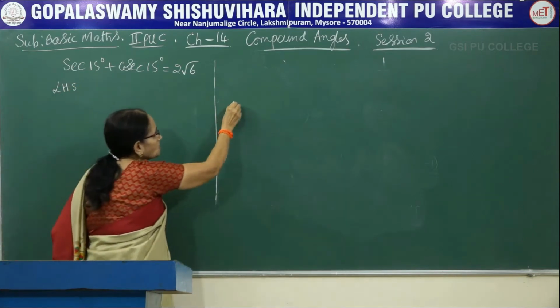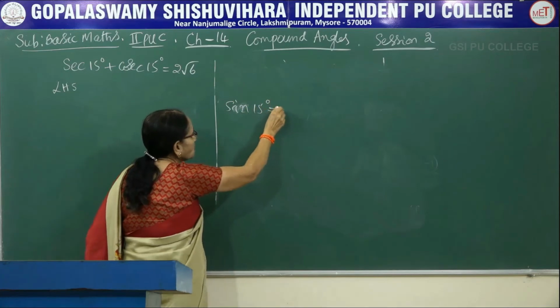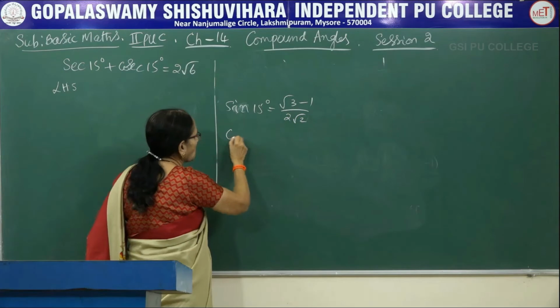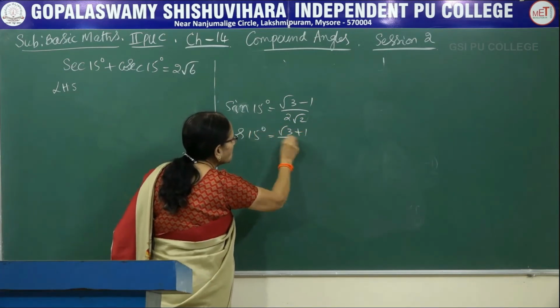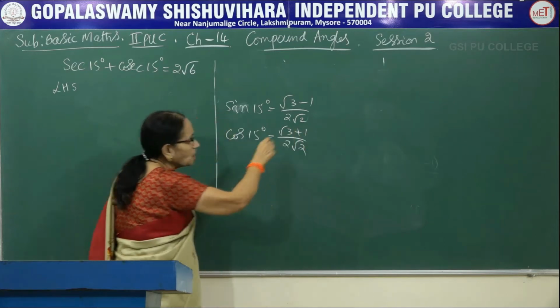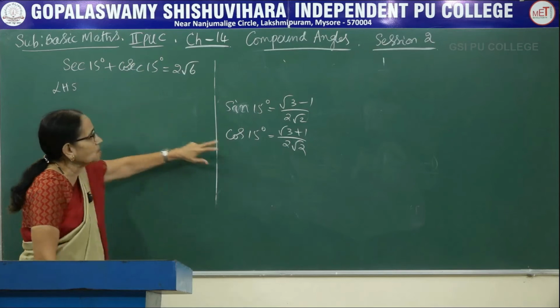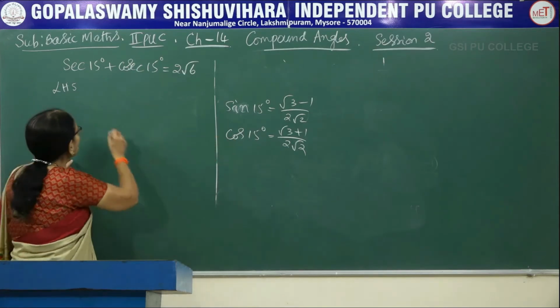You remember the values here. See, sin 15 is (root 3 minus 1) divided by 2 root 2. Cos 15 is (root 3 plus 1) divided by 2 root 2. Just now I had used them in the previous problem. Now secant is the reciprocal of cos, so you have to take the reciprocal of the number also.